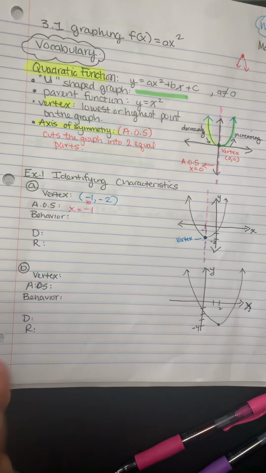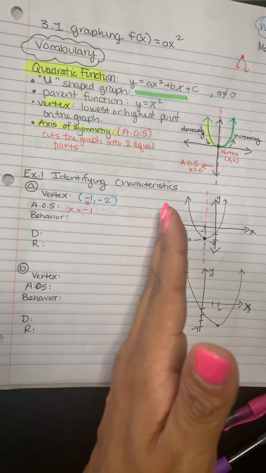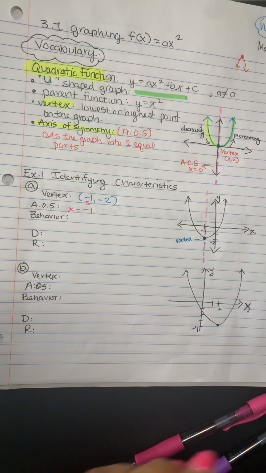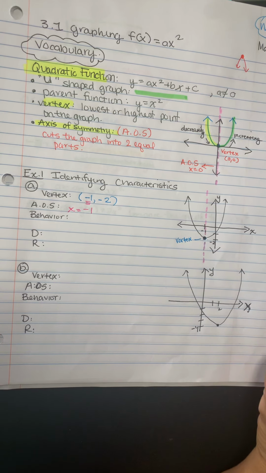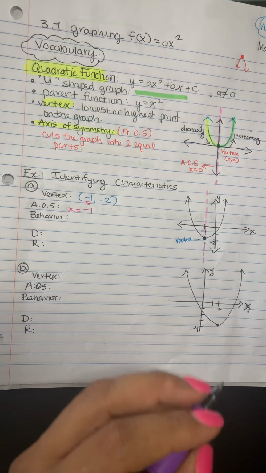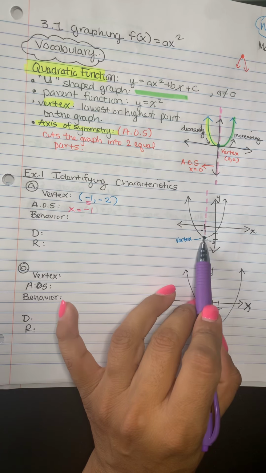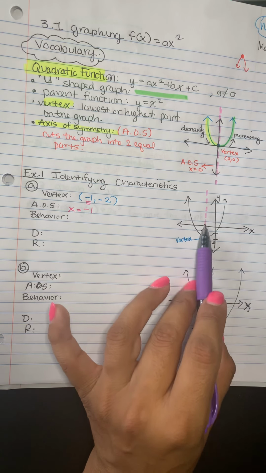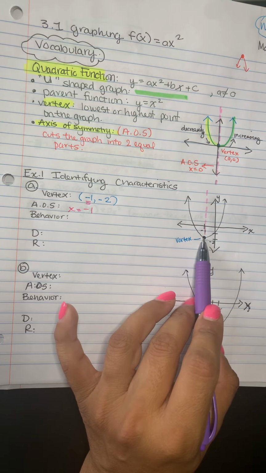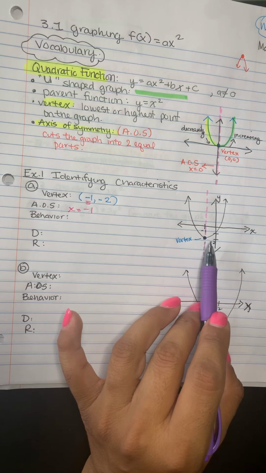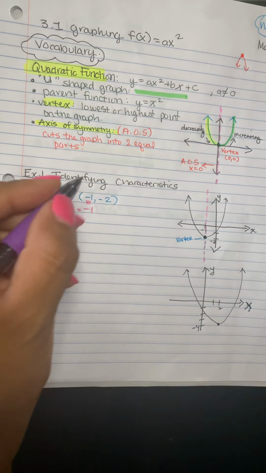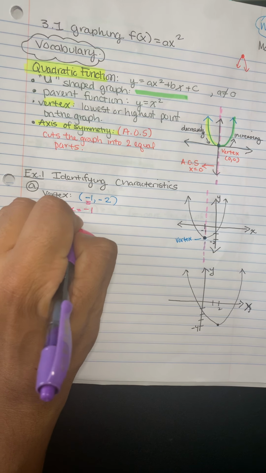All right, behavior. So what's happening to the left of the vertex versus the right of the vertex? Remember, we talked about increasing and decreasing, and we can just simply write that out. So here, the y values. When we're looking at numbers that are less than -1, let's write that down.